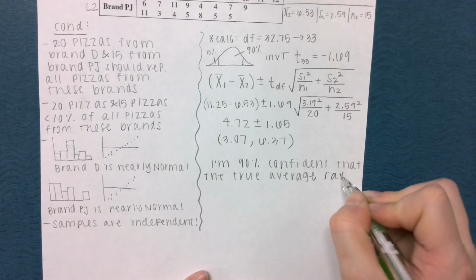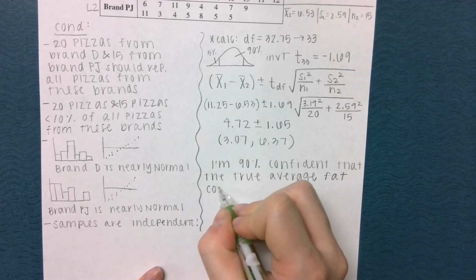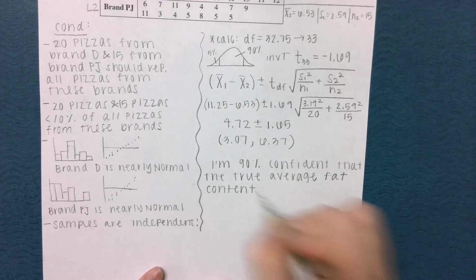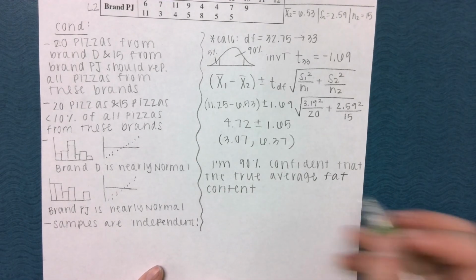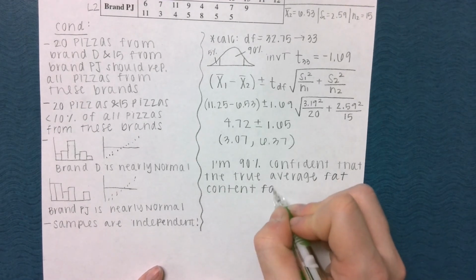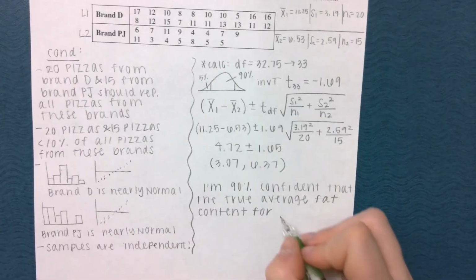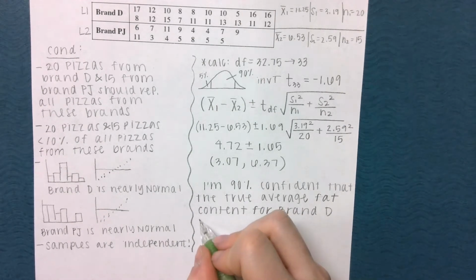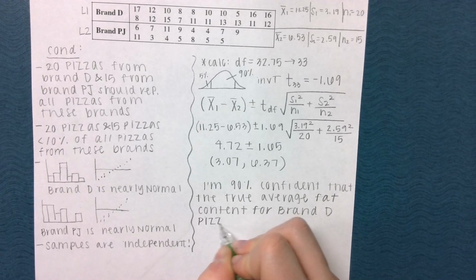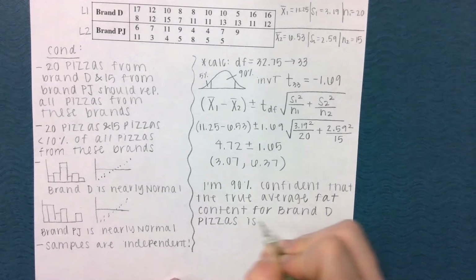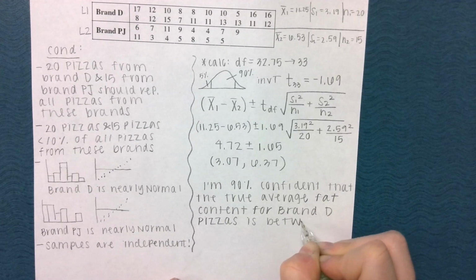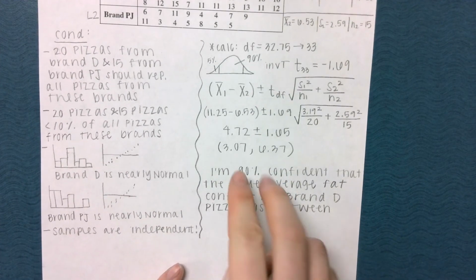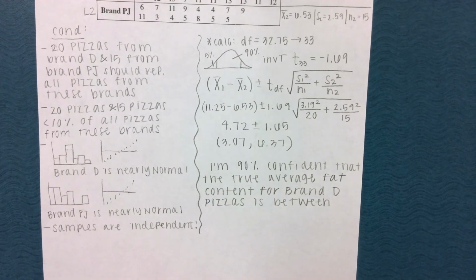So I'm going to say the true average fat content for my first group, which was brand D pizzas, is between... both parts of my interval are positive.